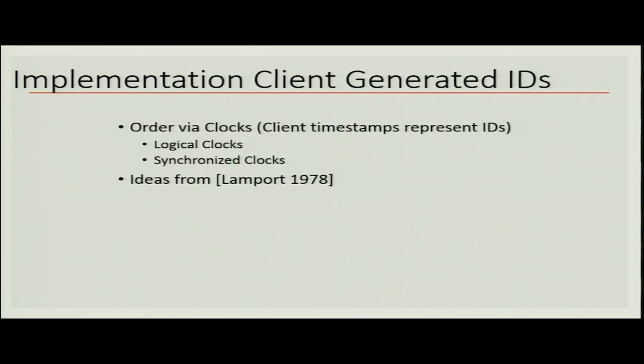This ordering can obviously be done if everybody had a synchronized clock, then they can say, okay, this transaction came at 8 p.m. and this transaction came at 8.01 p.m., so this would be the order. But unfortunately, in a distributed system, the clocks of all the machines are not necessarily in synchrony. They might have drifts and skews.